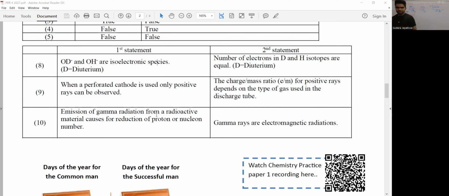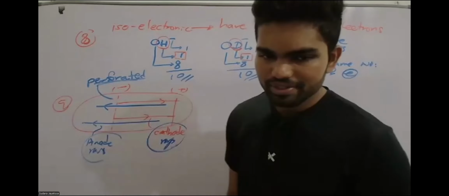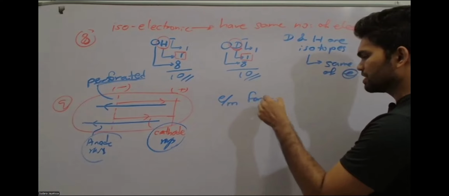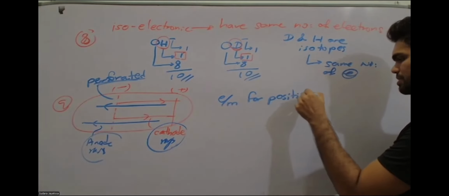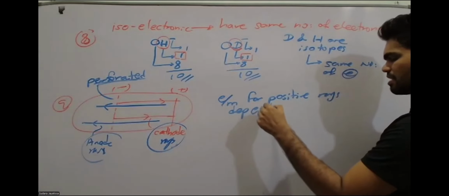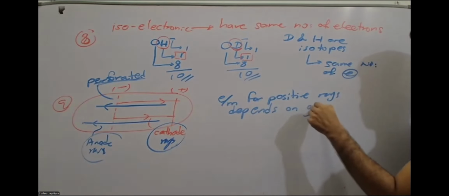Remember, since the particle is changing in the positive rays, their e over m ratio will depend on the gas. So e over m for positive rays depends on the gas. Why?